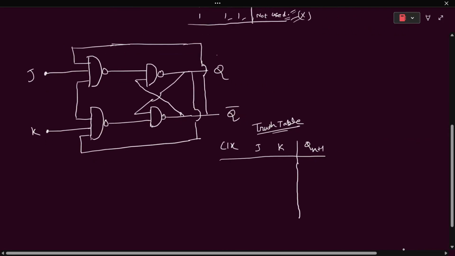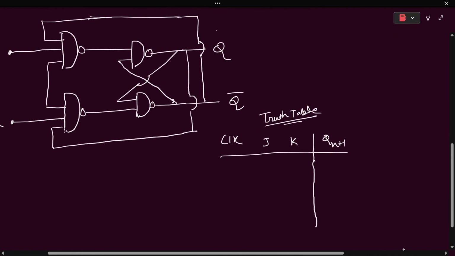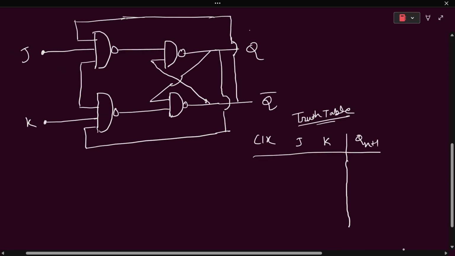Let's minimize this a little bit. See, when we keep the clock 0, if any of the inputs are 0, then what will it be? It will be 0, since 0 multiplied by anything is 0.